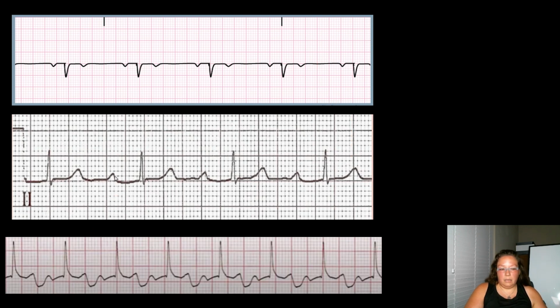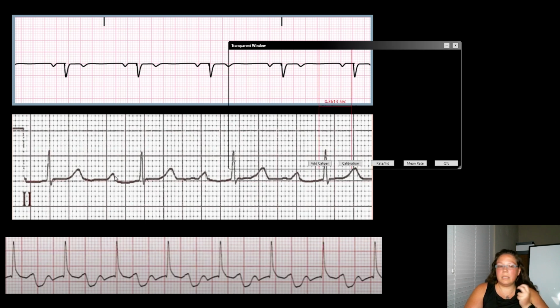All right, here's this one. I want to get some funky looking rhythms, because not every rhythm is going to look textbook. You're going to have some that look really weird, but as long as you can distinguish the different parts of your waves, then you'll still be able to figure out what rhythm it is. So here we've got P's, QRS's, and T's.